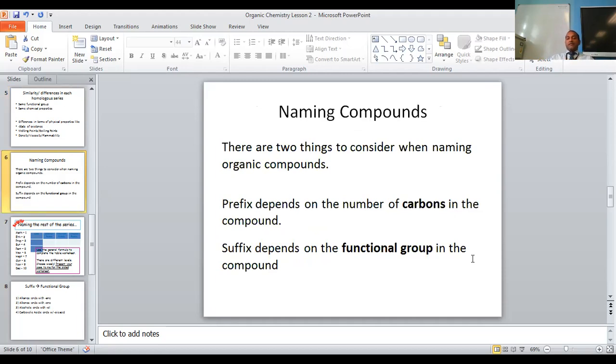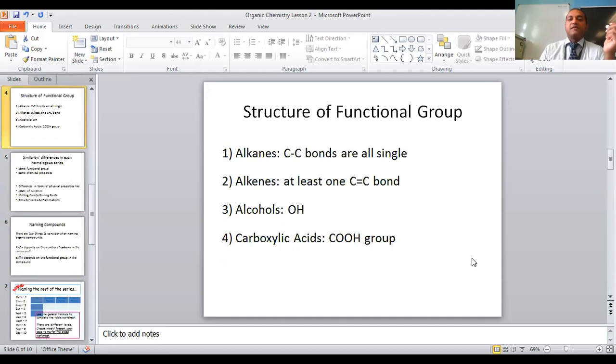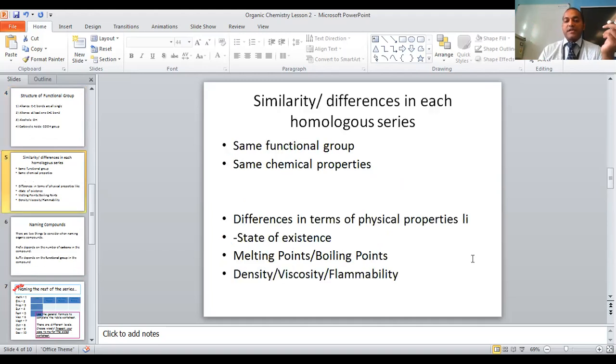There are two main things to consider when you name the organic compounds. First is the prefix, based on the number of carbons in the compound. Number two, the suffix, depending on the functional group in the compound. So just now, if it is alkane, they will all have something similar. If it is alkene, all would have something similar. Therefore, the same with alcohol and carboxylic acid.